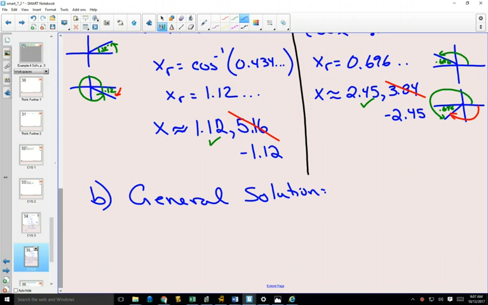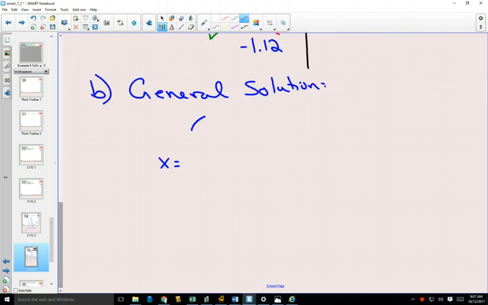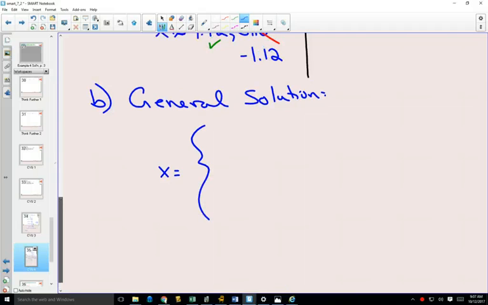And we've done that already in part A. And then after you've solved normally between 0 and 2 pi, then you just write all the coterminal angles. And all the coterminal angles are just by adding 2k pi, where k is an integer to each one. So for this one, did we solve between 0 and 2 pi? Yes. How many answers did we get? We got 4 of them.